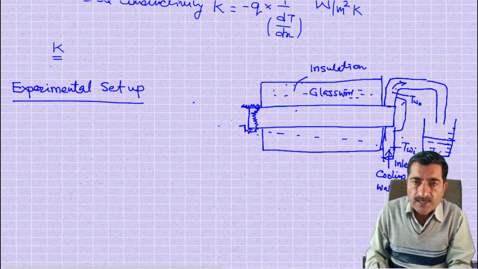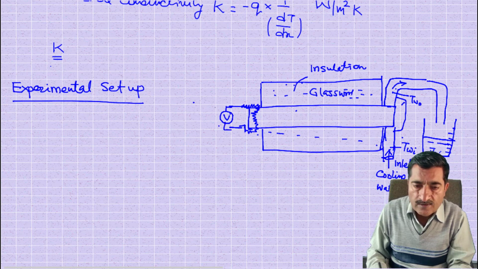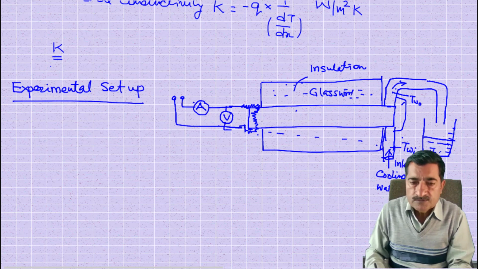This heating element is connected to a voltmeter and ammeter, and this is the electric supply. So this is the heater.